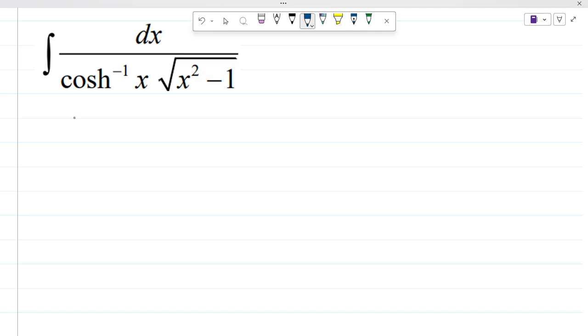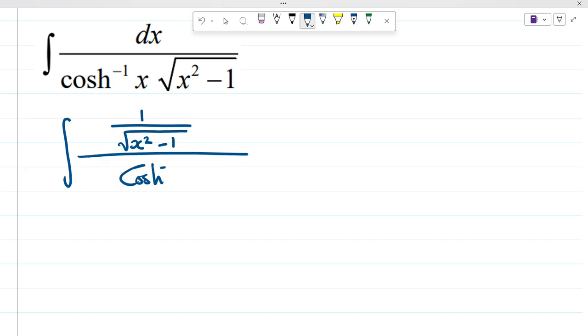So the first thing that you're supposed to do now is just to rewrite it in a nice way. Look at this nice way. Look at it and you'll tell me, isn't it nice? So I've got my square root of x squared minus 1, and then I've got my hyperbolic cos inverse of x.